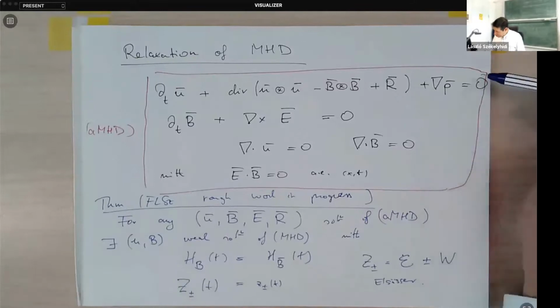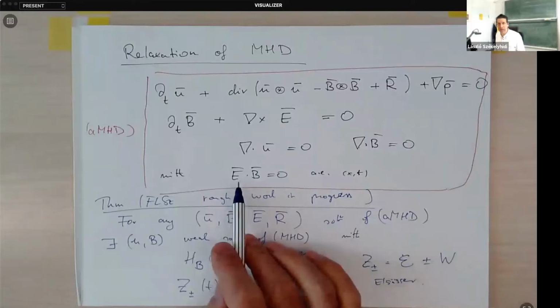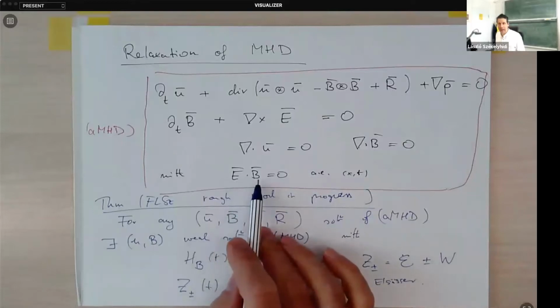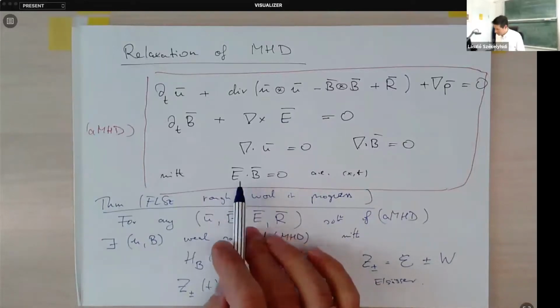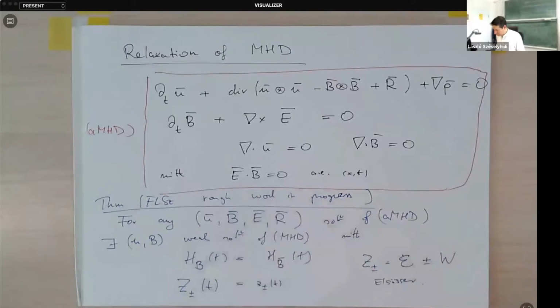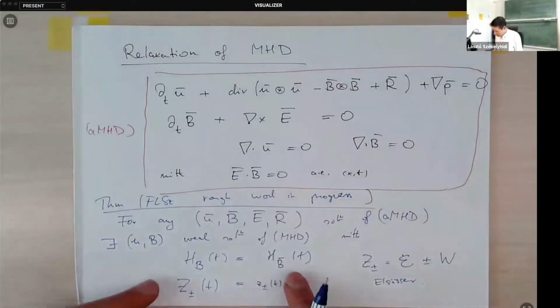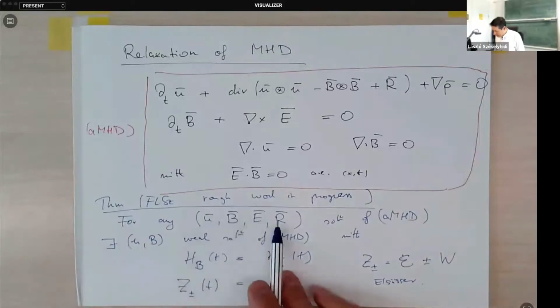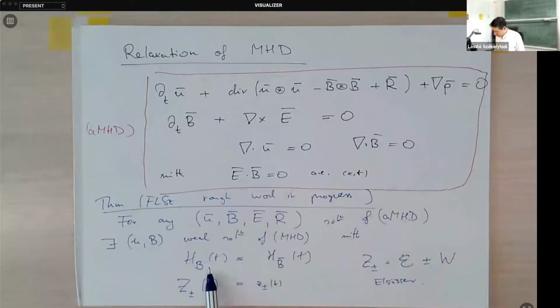And if you want to apply that to MHD, it's important to first identify the correct relaxation, which has to include this condition. And with this condition, we can recover. In particular, if this U, B, E, R are bounded, then of course we have a conservation of magnetic helicity, and at the same time, the Elsässer variables are something that can be prescribed.